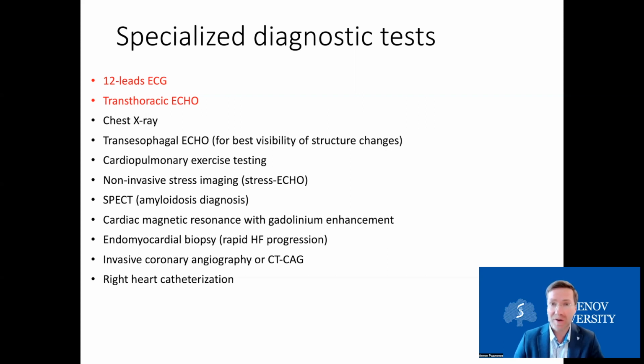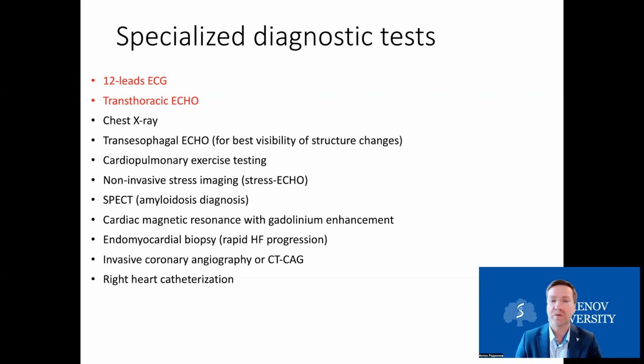Transthoracic echocardiography is obvious, and there are some other additional tests which could be done in patients with additional indications. Often we use chest X-ray to see the pulmonary congestion.